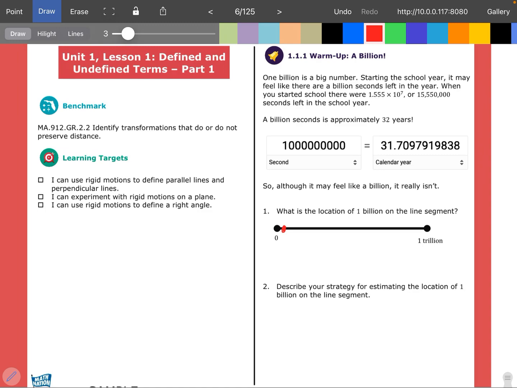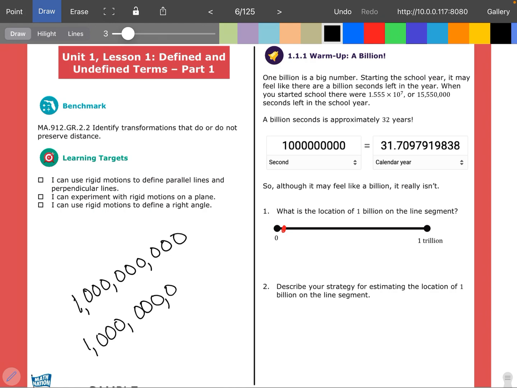The reason why is because if I have a billion, let me just write over here, 1, 2, 3, 4, 5, 6, it has 9 zeros, and a trillion would have 3 more. So that means that a trillion is 1,000 times larger than a billion.